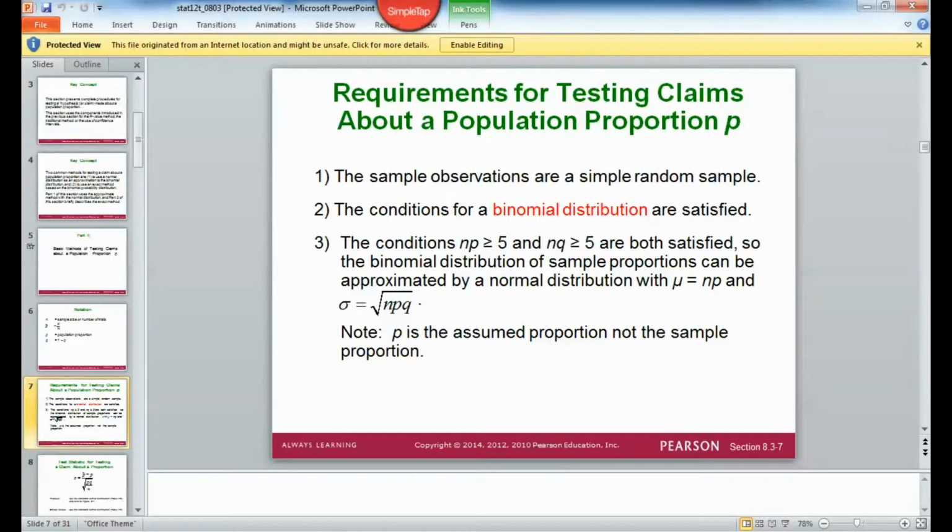Alright, so if we know that we are testing a claim about a population proportion, then we need to have a simple random sample, and the conditions for the binomial distribution are satisfied. n times p has to be greater than or equal to 5, and n times q has to be greater than or equal to 5. You can test that pretty quick. You have to know what your population proportion is, but as long as n times p and n times q are both greater than or equal to 5, then everything's good.